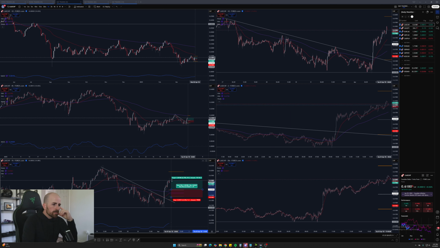When I position size, I'm looking at around 0.382. I'm looking to put my stop around 0.618. And I'm looking to at least get a 1-to-1 to the 1 hour in this case, because I'm using my daily setup.